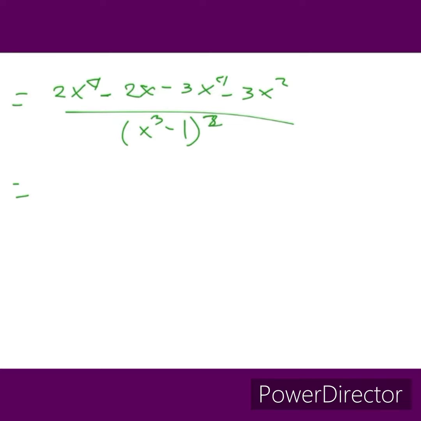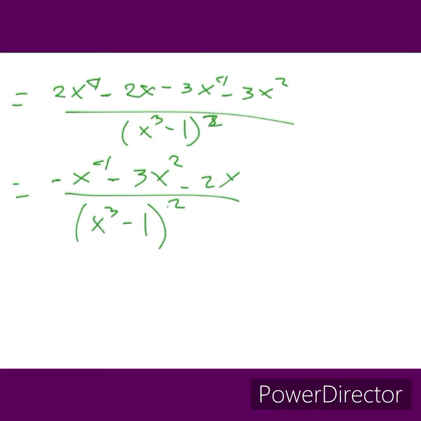And we have negative x raised to the fourth minus 3x squared minus 2x all over x cubed minus 1 quantity squared, which is equal to negative x times x cubed plus 3x plus 2 all over the square of x cubed minus 1.